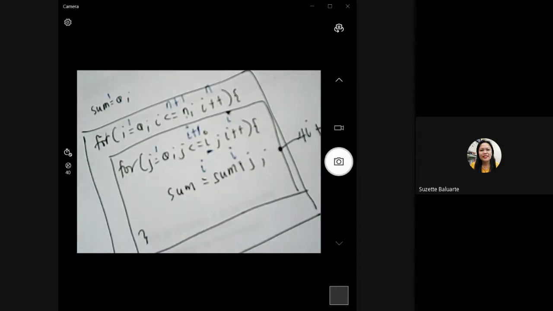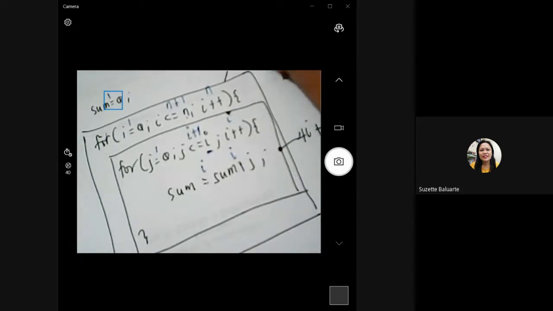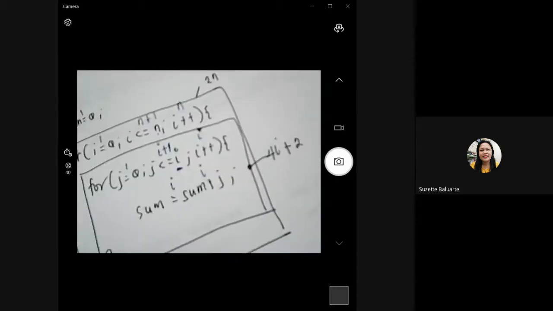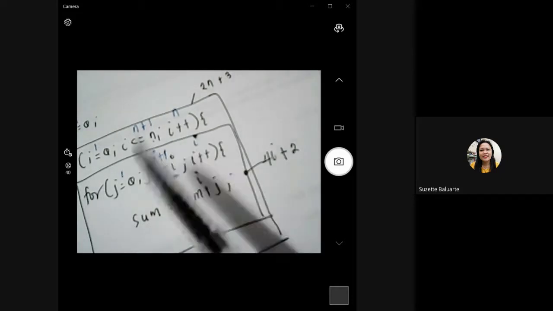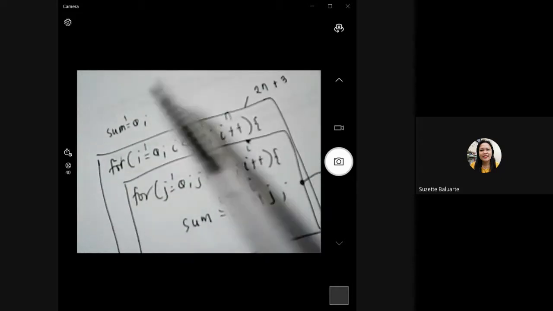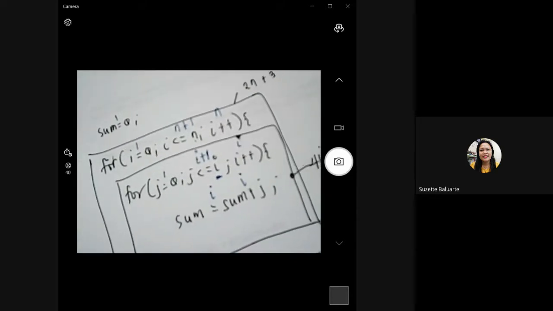And your outer loop is 1, 2, so 2n, times lang. 2n plus 3. Diba? So, ngano gayong 3 na siya? It would be 1, 2, 3. So, muna ang inyong outer loop.